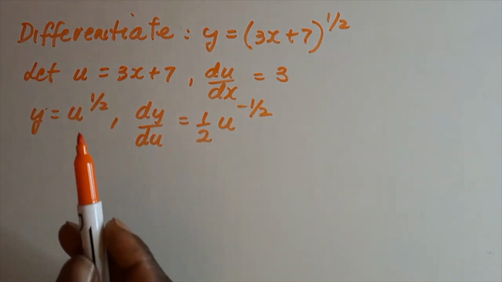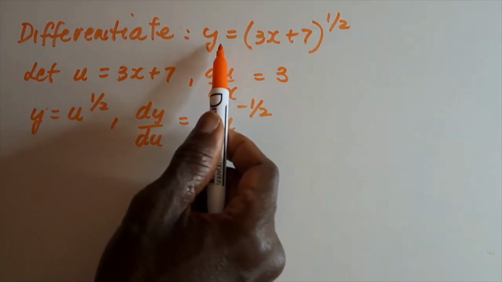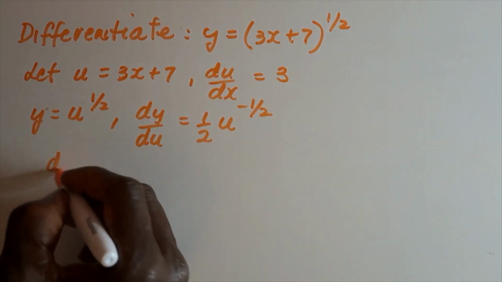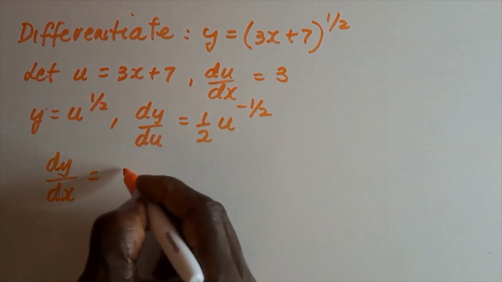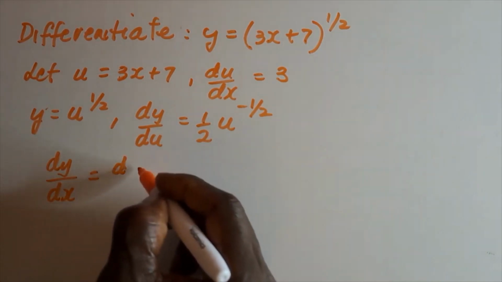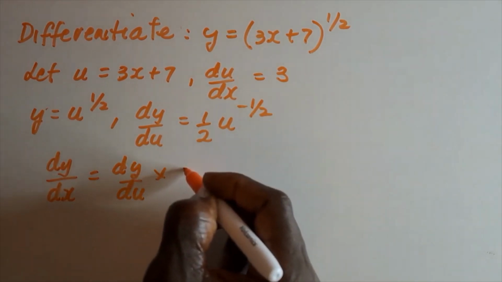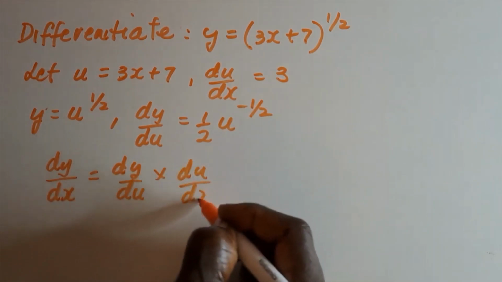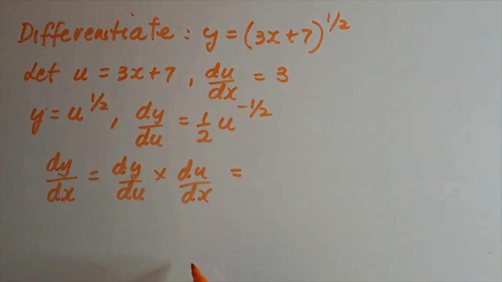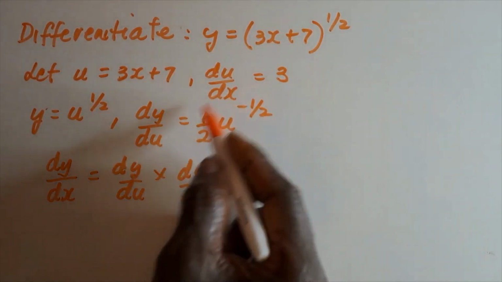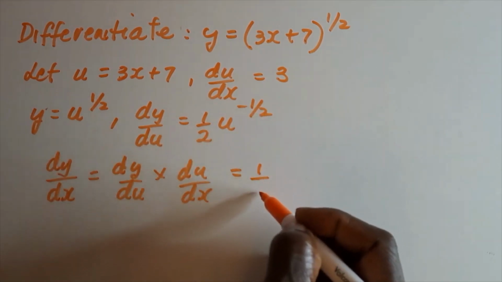Now, we need to find what dy dx is of this function we're given. And we can write dy dx is equal to dy du times du dx. And we can write that as dy du is this part here, a half.